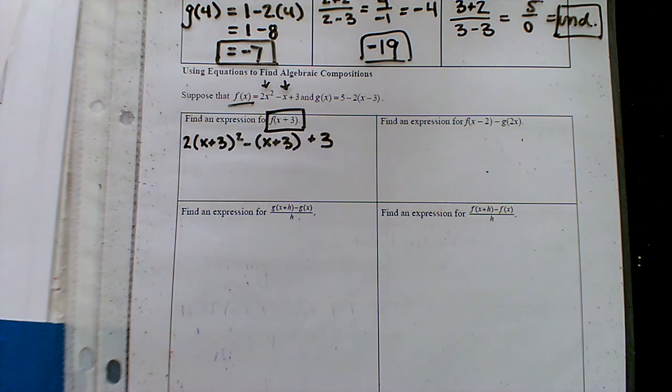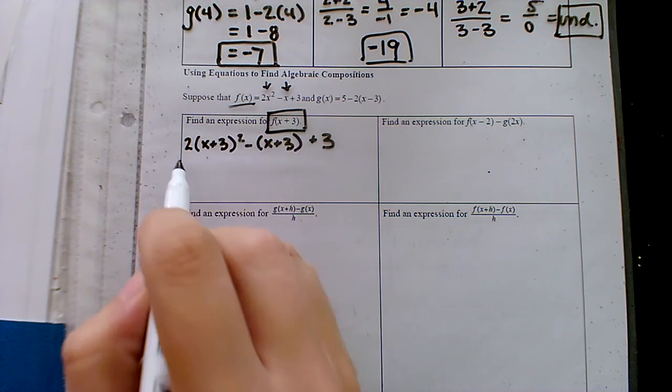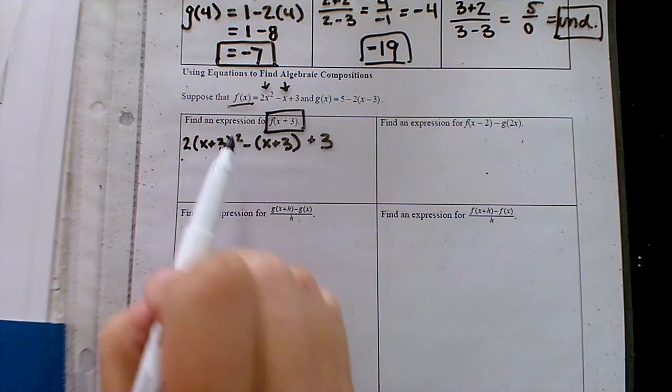So instead of every x, we're going to substitute in that expression, okay, x plus 3. We're going to try to simplify it, meaning expand it, get rid of the parentheses, maybe combine some like terms. Okay, we want to see what we would get out in the end. So if we start reading our expression, remember order of operations, parentheses, exponents come first.